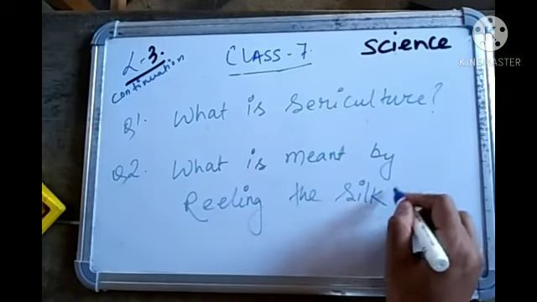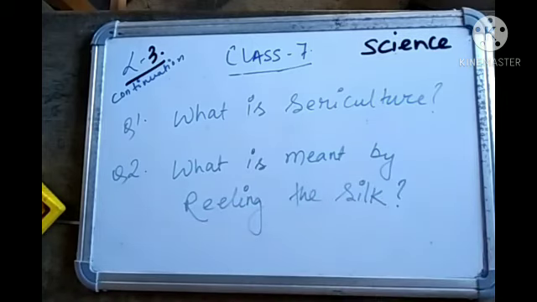In order to evaluate yourself, go through the lecture again and again, and you can take the reference of the textbook also. These questions will help you to check whether you have understood the topic or not.